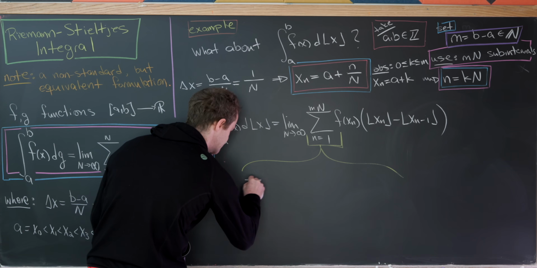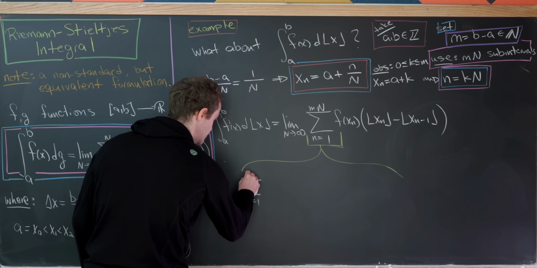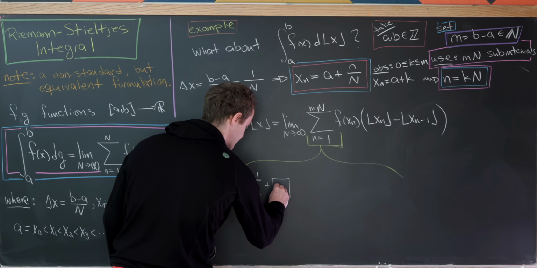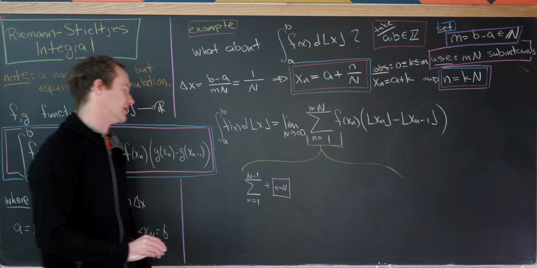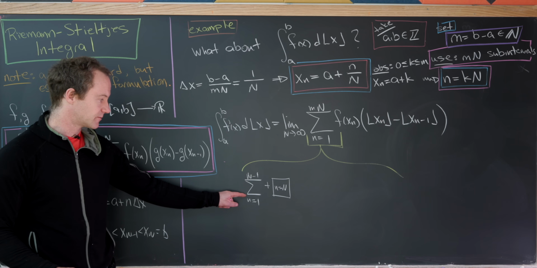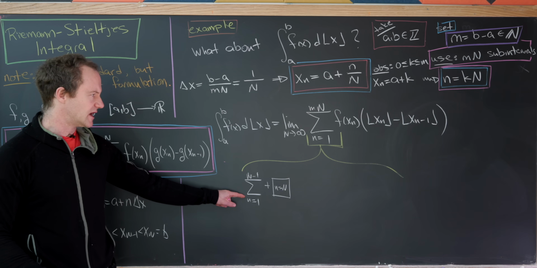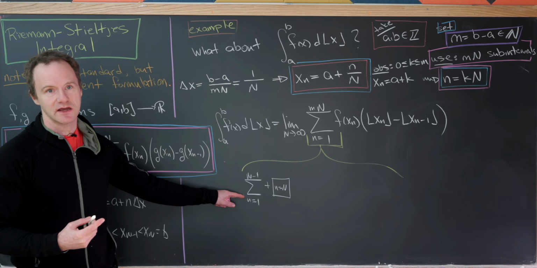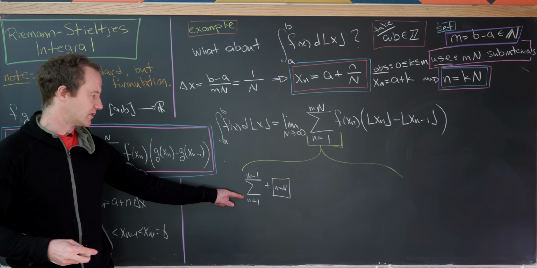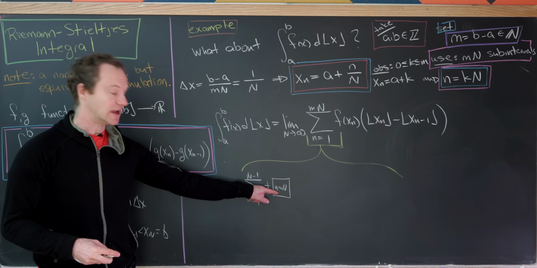So this is going to be equal to the sum as lowercase n goes from 1 to capital N minus 1 plus the case when lowercase n equals capital N. So I'm splitting this up into these terms right here, which will have x_n's that lie between a and a plus 1, but not equal to a plus 1, whereas this is the case when x_n is equal to a plus 1.